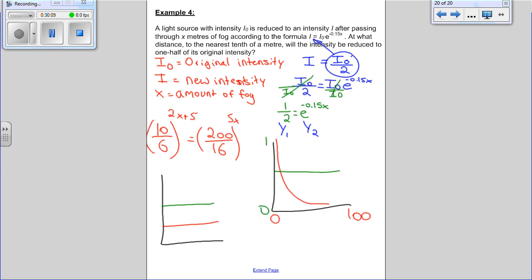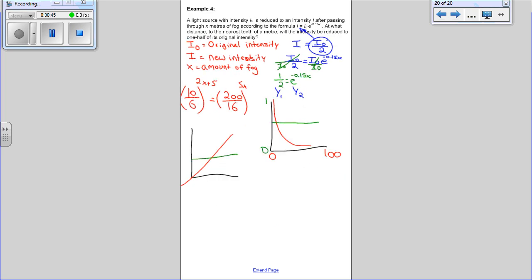The second mistake that people were getting was if your graph looked like this. Where you had a straight angle like that, and then you had a horizontal one like that. And that's the one that's happening the most often. What you guys are doing is in your y2, so go to your y equals, you have e hat negative 0.15 x, correct?